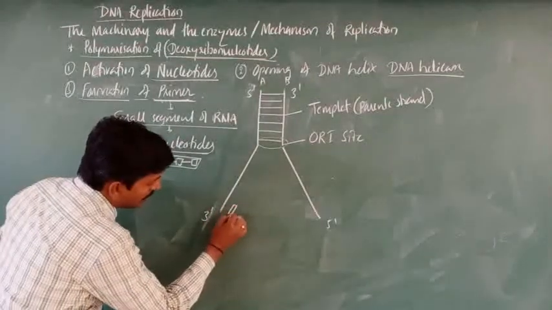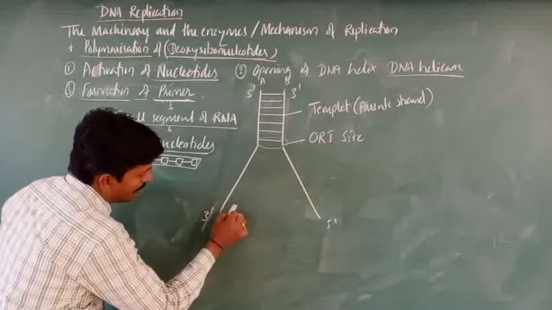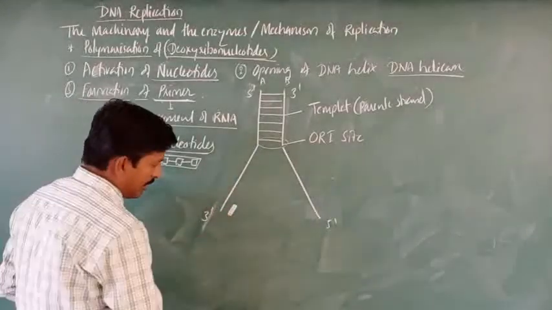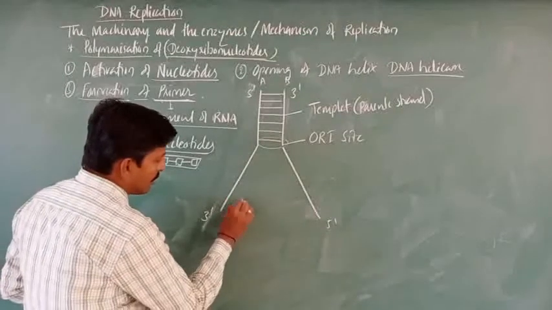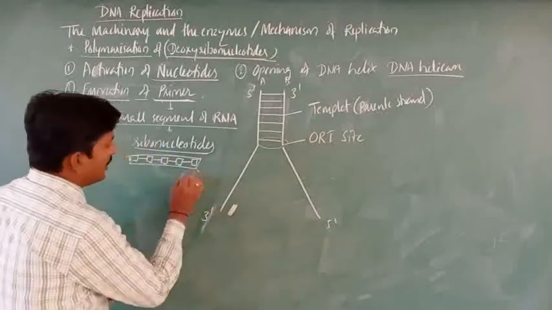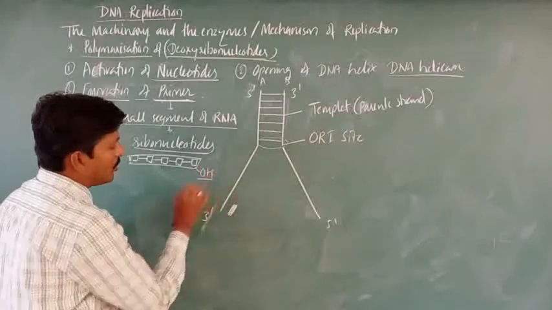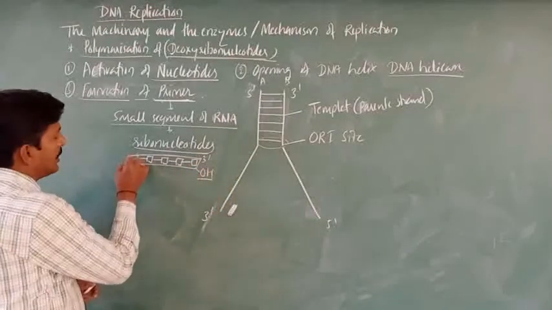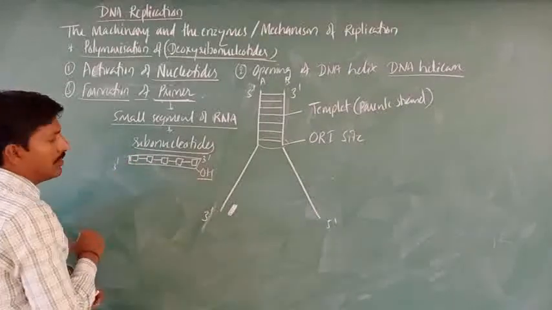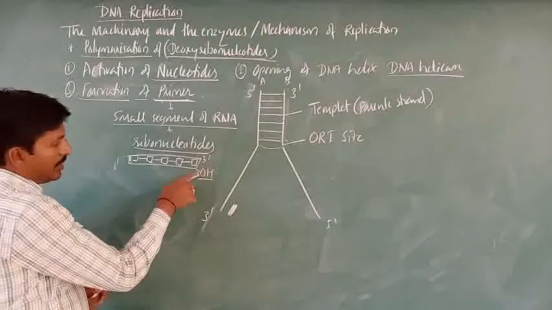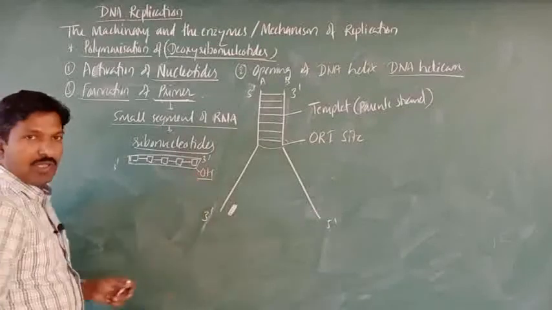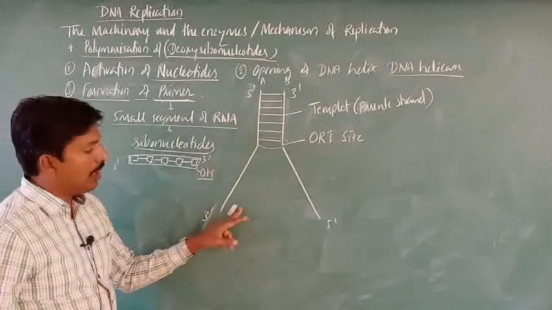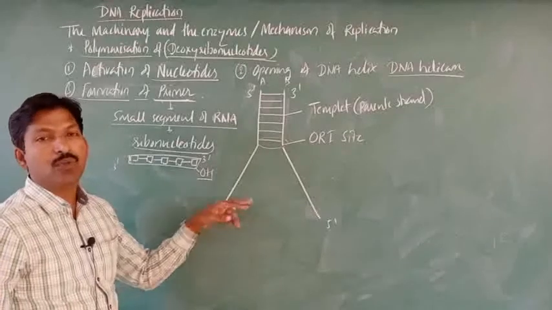So this RNA primer has one end with an OH hydroxyl group at the third end, and this is at the fifth end here, right? The functional group OH, that is the hydroxyl group, allows the next nucleotides to join.